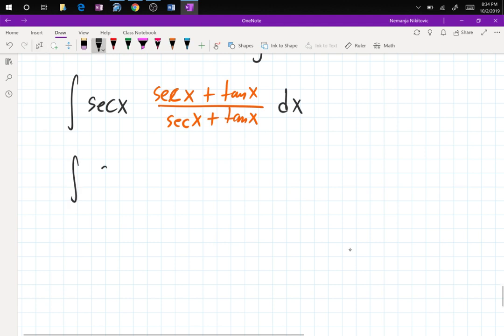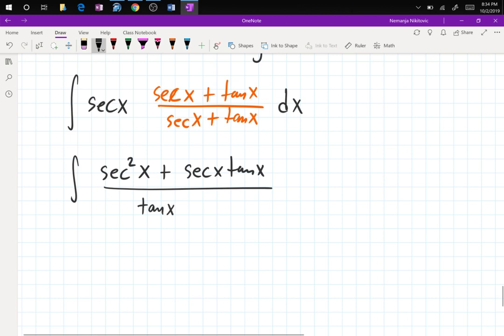Then you have integral of secant squared x plus secant x tangent x divided by, I'm just going to swap their order for the denominator, tangent x plus secant x, dx.